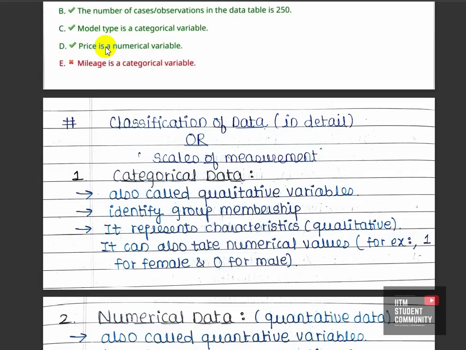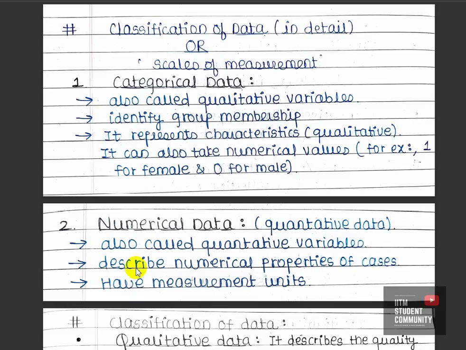So this option is also correct. Mileage is a categorical variable. This one is false because mileage is counted in numbers. It is a numerical variable. We even have the explanation for numerical data. It is called a quantitative variable and it describes the numerical properties of cases.